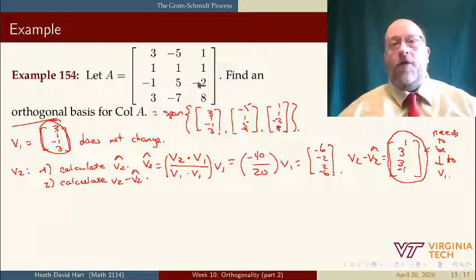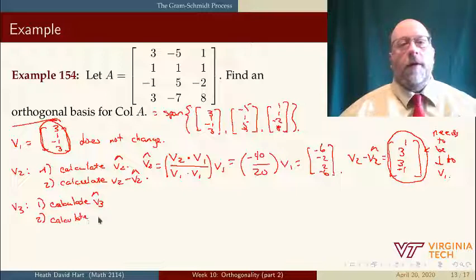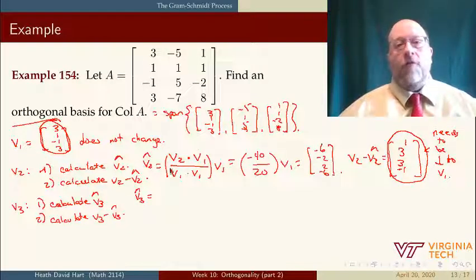And so we now have to do the third vector. We have to figure out what the third vector is. So again, there are two steps. We're going to calculate v3 hat, and then we're going to calculate v3 minus v3 hat. v3 hat is the projection of v3 onto both vectors that came before it.